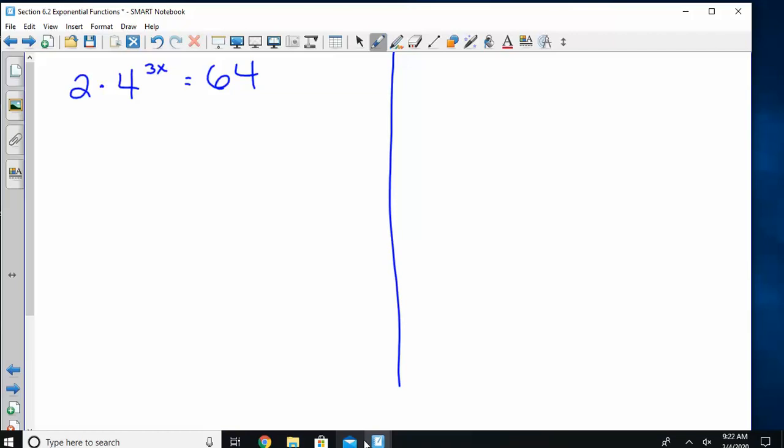We could change everything to 2's and proceed from there. You could also, if you look at this, does this 2 have an exponent or just a 1? We don't have a variable that we have to worry about. So is there a way I could get rid of it? You could also divide by 2. As long as you don't have any variables in your exponent, you are welcome to just divide it over and give yourself an easier problem to solve.